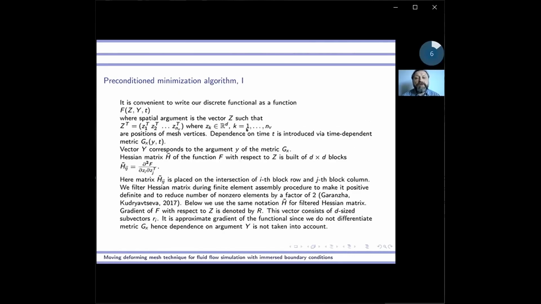After finite element discretization, we get a discrete function as a function of position of mesh vertices. And the Hessian matrix is built of D by D blocks, and we extract from this matrix its positive definite part in order to get a stable minimization.